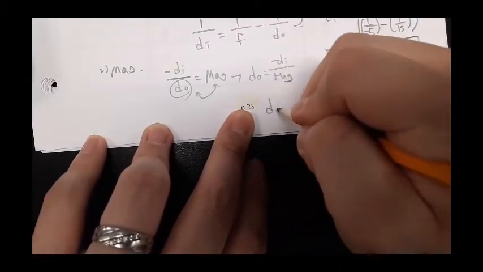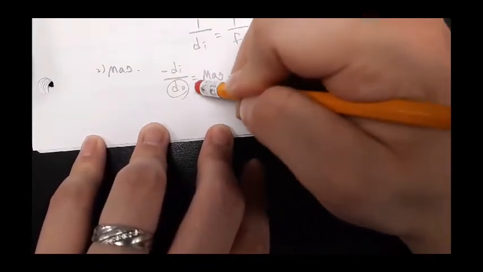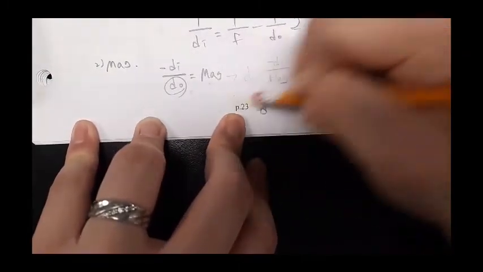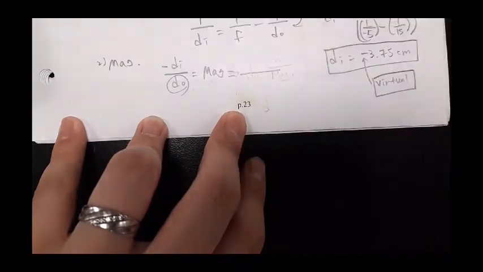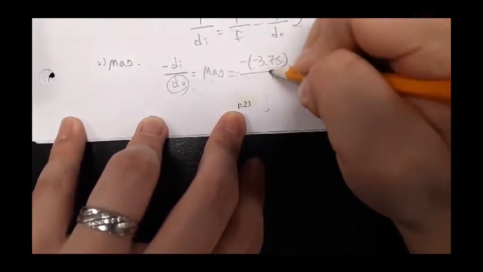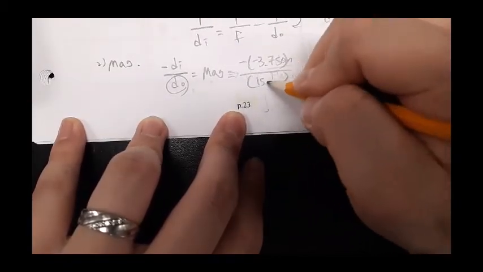I thought we were trying to find DO, but in fact, it's even easier. You just need to find out magnification, and we know both of the numbers. Then it's a simple punch the numbers in. Negative of negative 3.75 centimeter over DO, which is 15.0 centimeter.